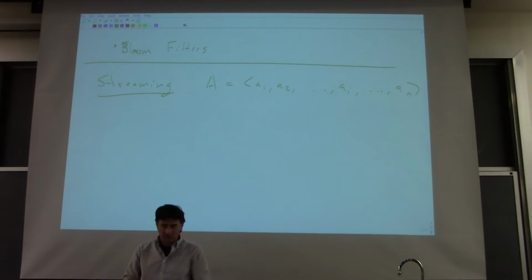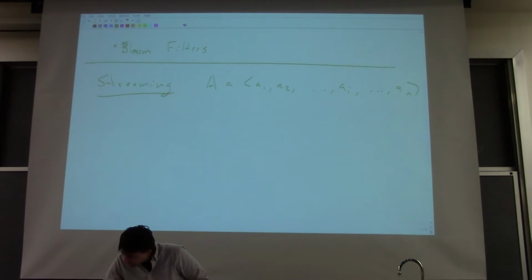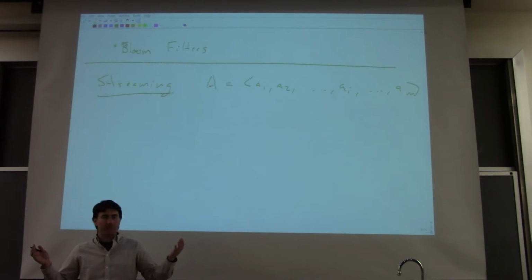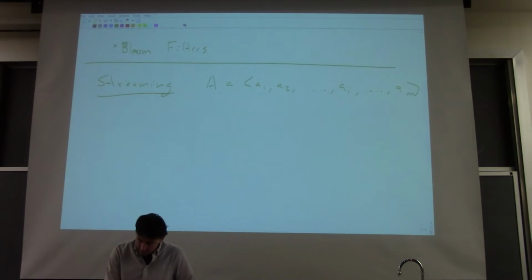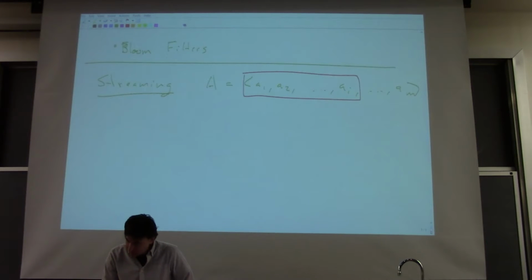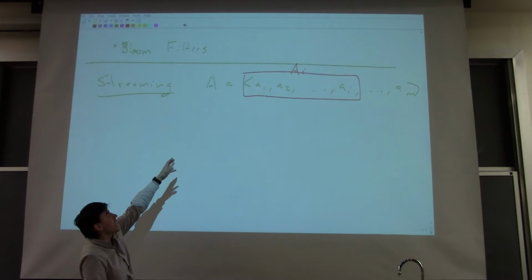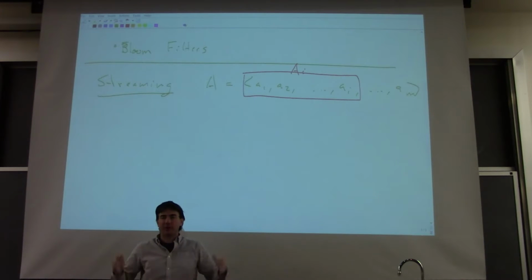I think, no, we're using M. So there are M elements in the stream, but at any given time, we've only seen up to some point A_i. Sometimes we'll call this set big A_i. It's all the stream up to this point.